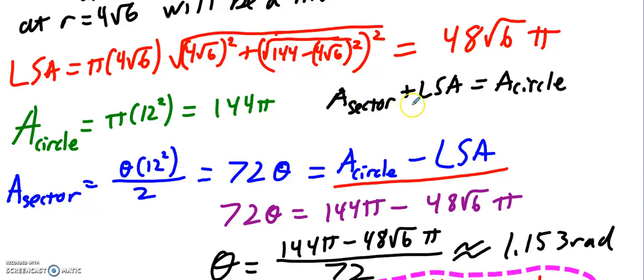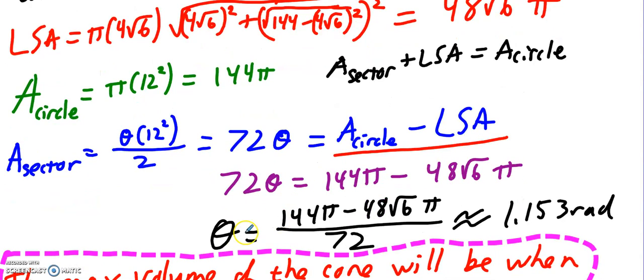So I'm going to take this relationship here and I'm going to subtract the lateral surface area so that I can isolate theta. So I know 72 theta has to equal the area of the circle minus the lateral surface area. So 72 theta equals 144 pi minus 48 root 6 pi. Divide by 72. So theta is 144 pi minus 48 root 6 pi, all divided by 72.